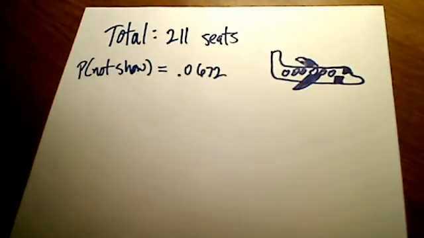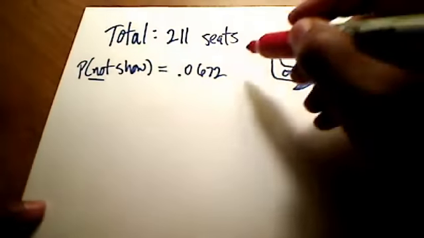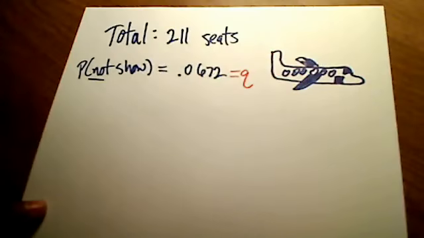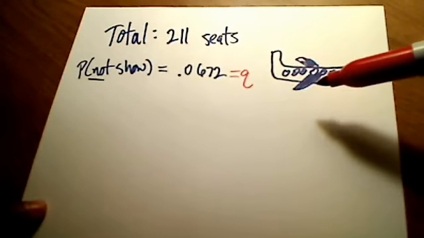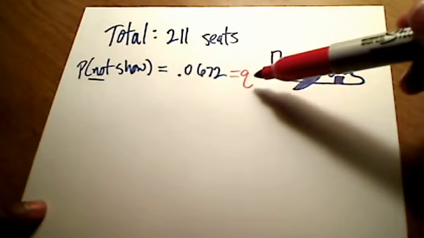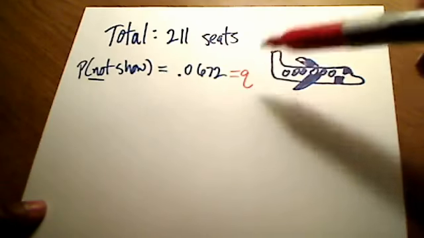Now what they're telling you here, because this is a probability of somebody not showing up, is the probability of failure. So I'm just going to set this equal to little q.